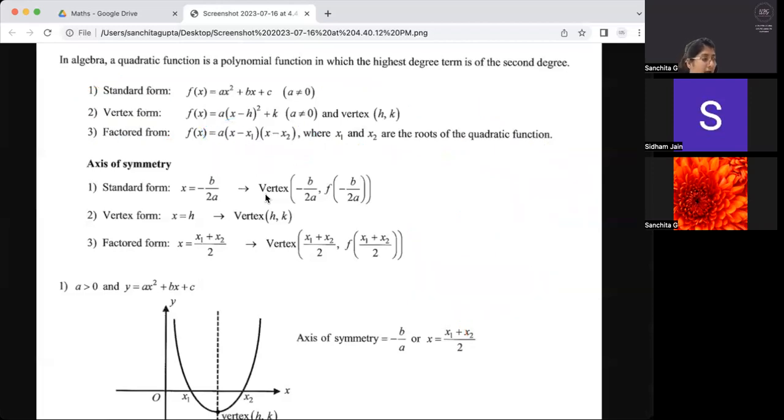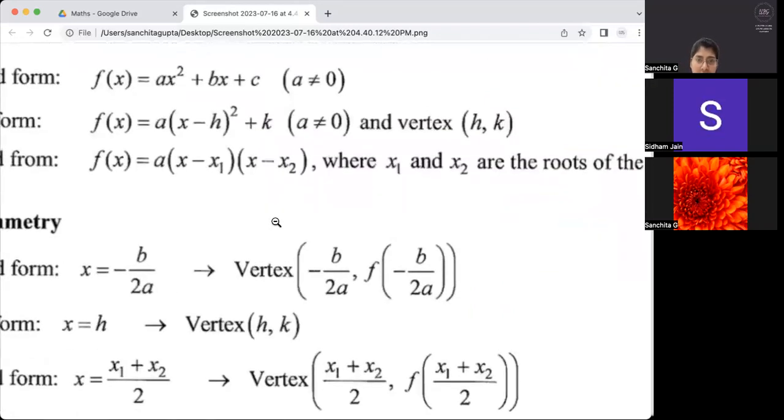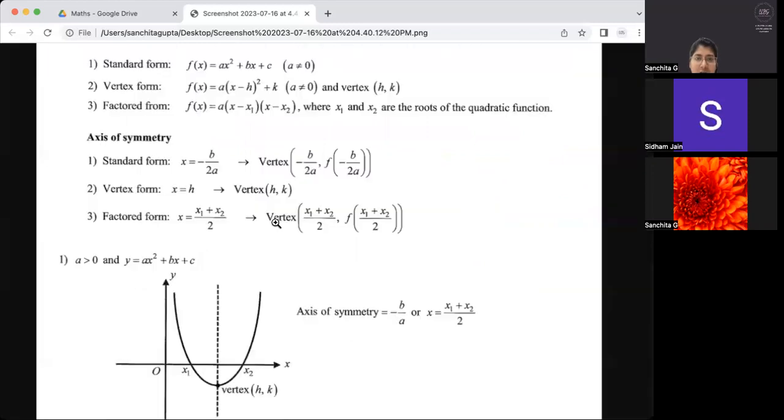Now I have something called the axis of symmetry, right? Symmetry is basically same, both sides are the same. So what is my axis of symmetry? Okay, it zoomed in too much.